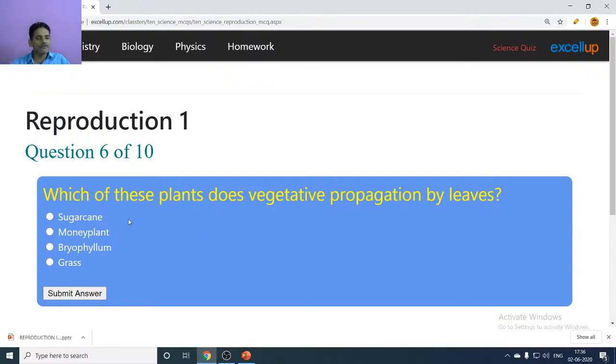Identify from the following: sugarcane, money plant, bryophyllum, grass. Very good. Bryophyllum is undergoing vegetative propagation by leaf. So here sugarcane by stem cutting, money plant also by stem cutting, grass also by runners, stem only, nodes.